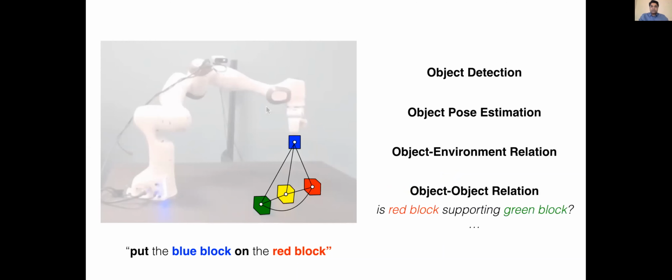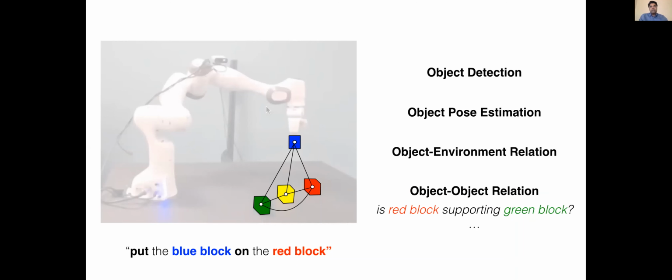Considering the specific task here, a rearrangement task which involves stacking and unstacking of objects, it is also essential to know inter-object relationships. For example, is the red block free enough to support the stacking of the blue block, or is it supporting another object at this particular state? So overall, state estimation can be very complex depending on the task and the scenario.